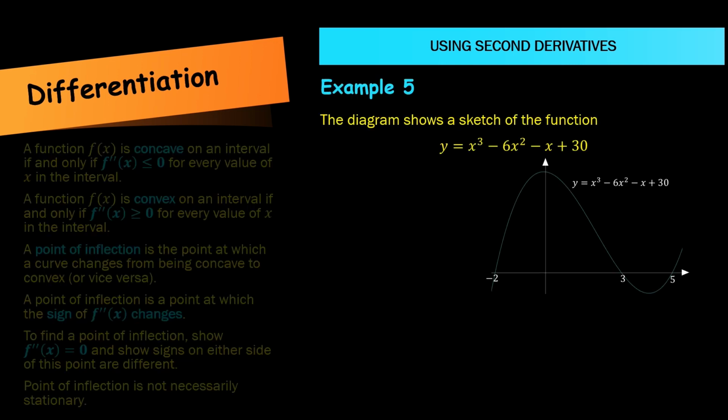Let's now take a look at an example to illustrate these definitions. The diagram on your screen shows a sketch of the function y equals x cubed minus 6x squared minus x plus 30. If we differentiate this, we obtain dy dx equals 3x squared minus 12x minus 1 plus 0.